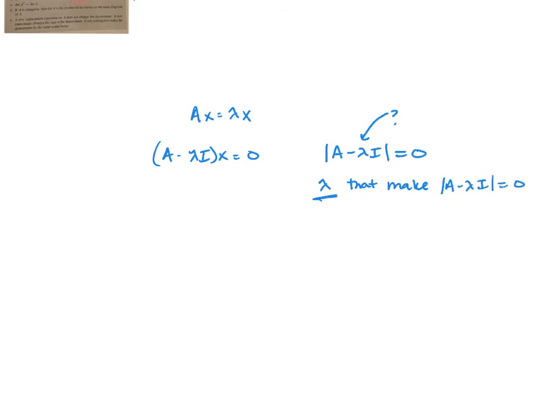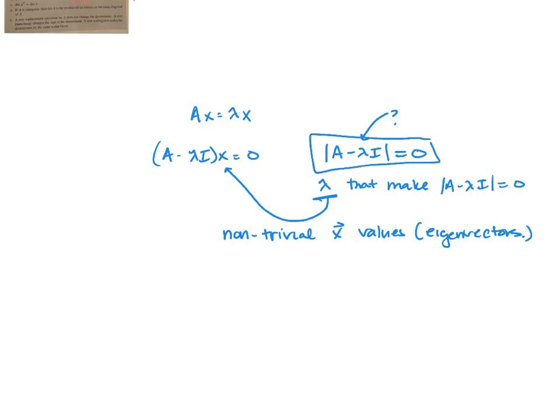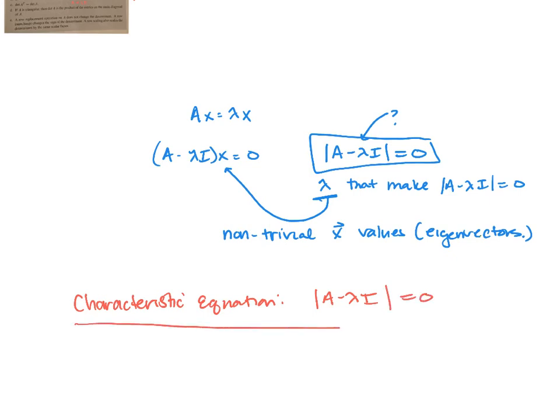And those lambdas will be associated with X's that are non-trivial, and those will be the eigenvectors. So this, my friends, is the characteristic equation. And that's what we're going to use in the next video.